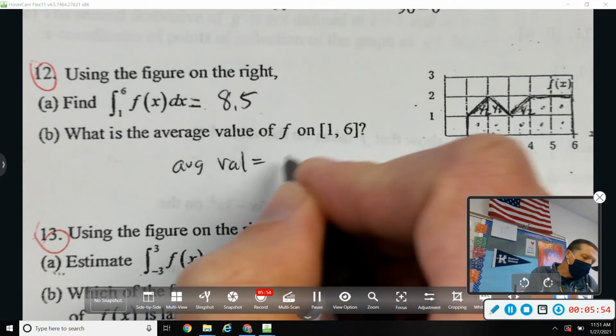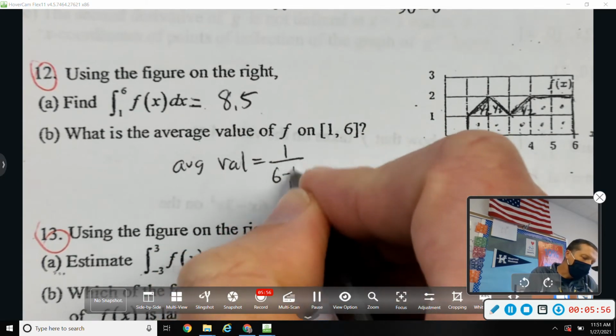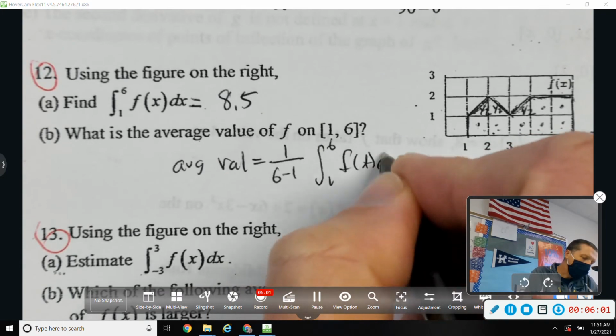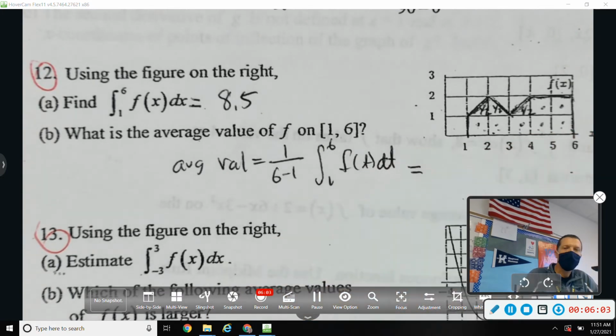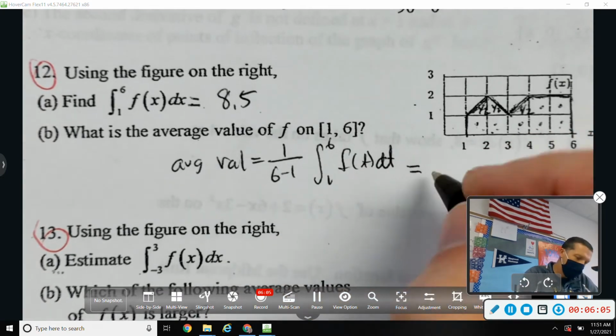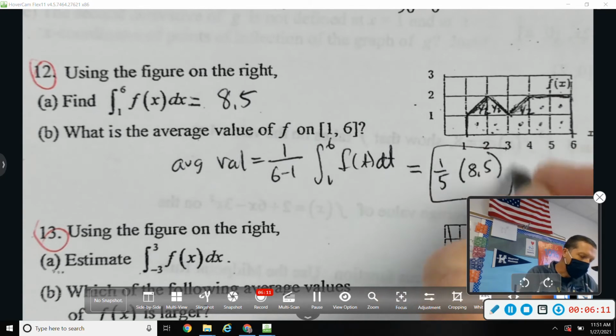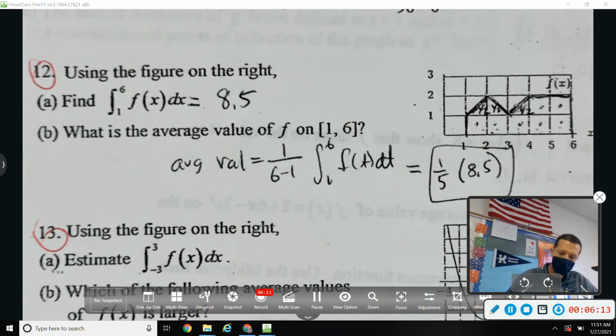Average value on 1 to 6 would be 1 over 6 minus 1 times the integral from 1 to 6, which we already found. So 1/5 times 8.5. And safe stop, why bother? Leave it like that.